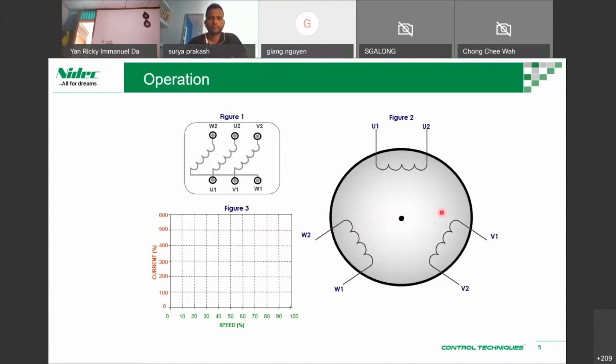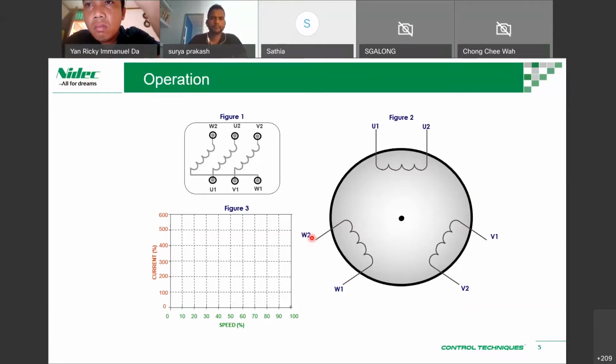Okay, so with these windings we have 6 terminals: 1, 2, 3, 4, 5, 6. When we have a 3-wire winding or 3-wire terminal motor, it's typically been connected in a star configuration within the motor.